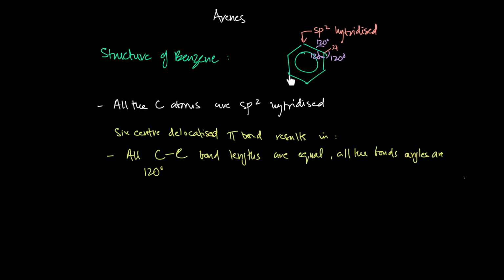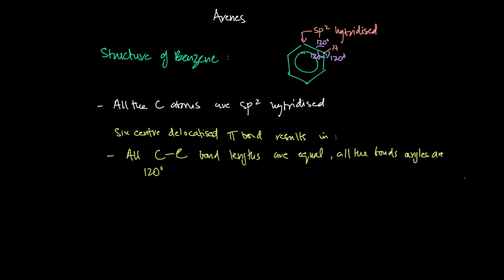You have a planar molecule with 6 carbon atoms, and all the bond angles are 120 degrees. What kind of shape is that? You have a flat shape with 6 sides. What's the shape called? That's a hexagon, right?